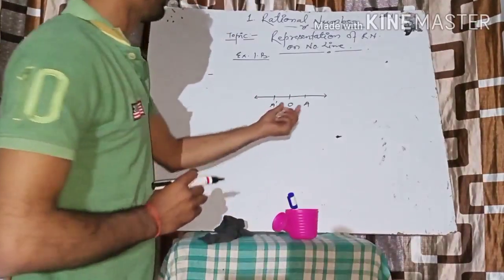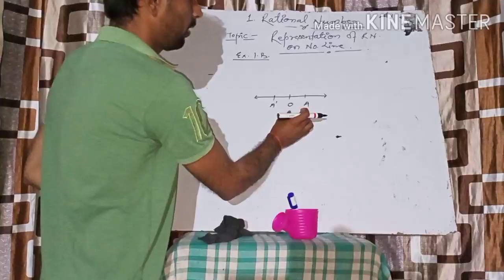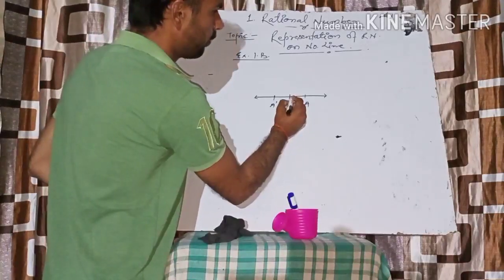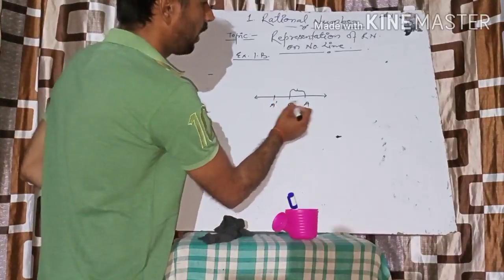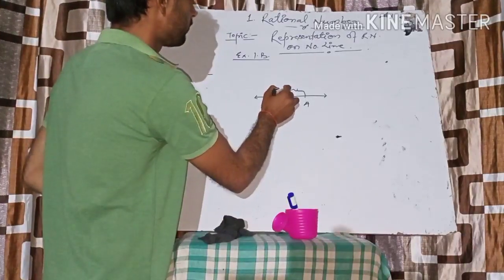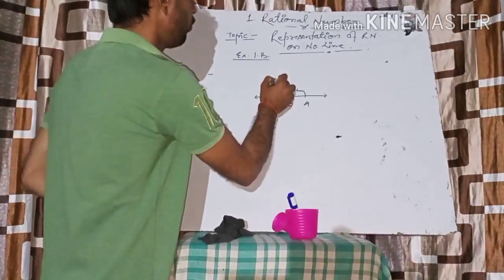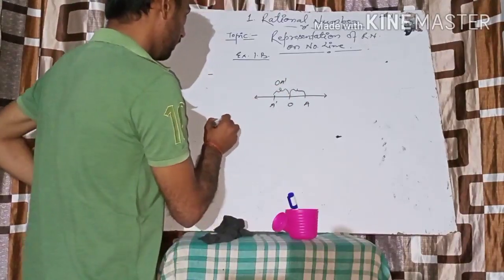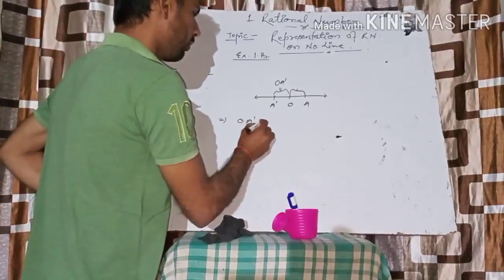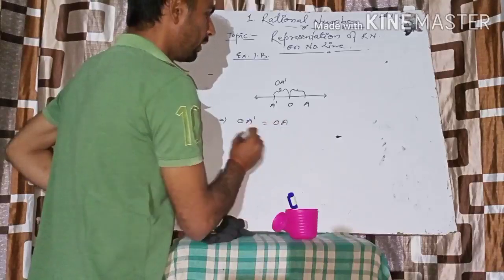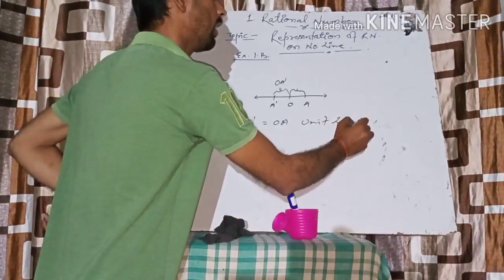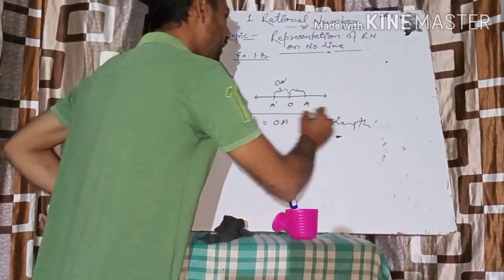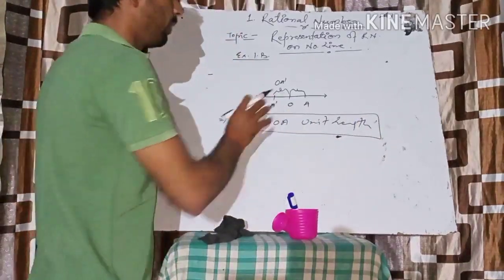This means OA dash must be equal to OA, which is the unit length. On each and every part, the length will be the same.